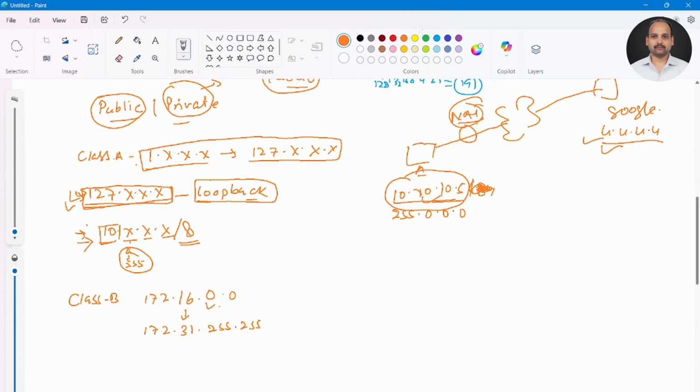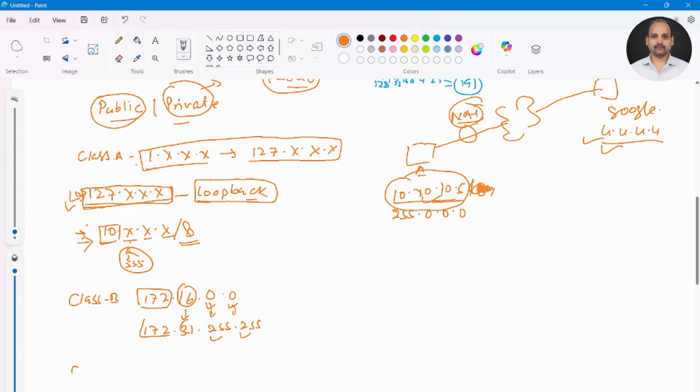In the third and fourth octets, the x value can be 0 to 255, but the first octet will always be fixed at 172, and the second octet will be from 16 to 31. So this is the only private range from class B.